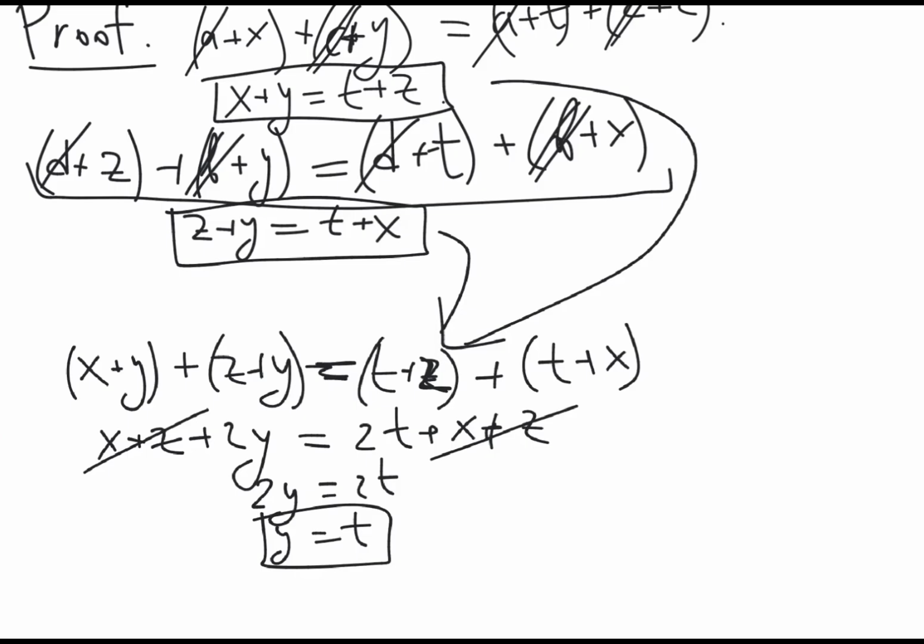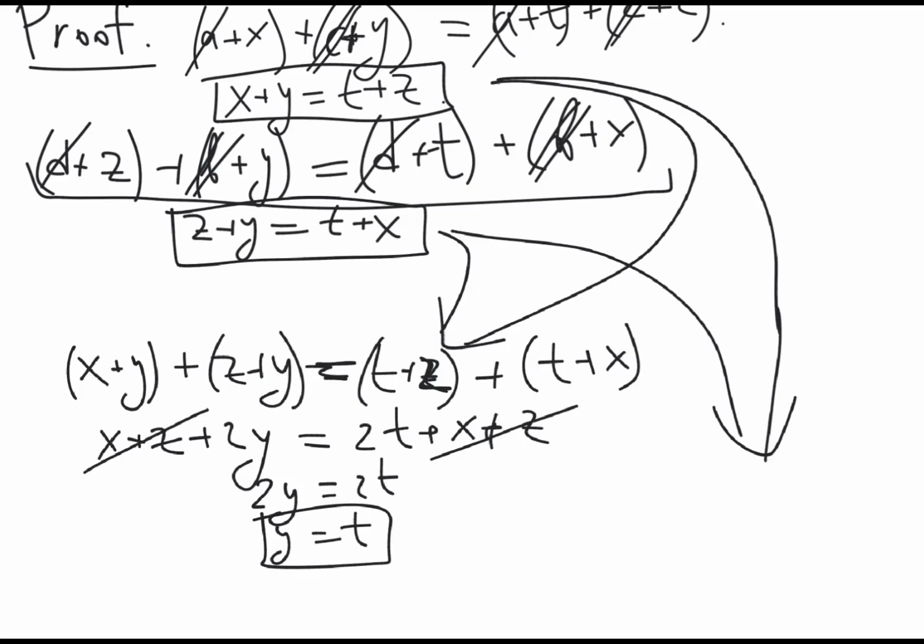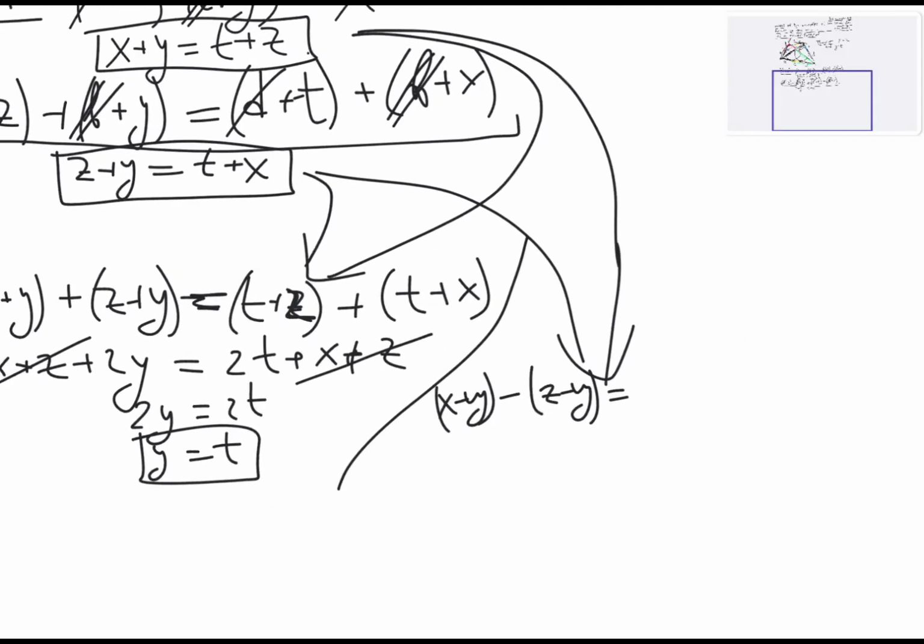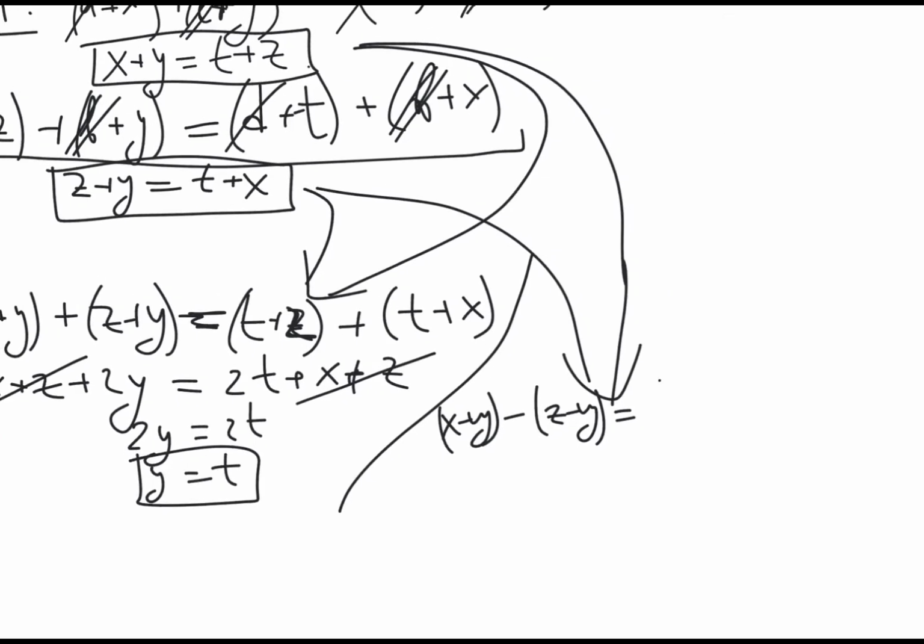So that's one equality. And now when we subtract one of these equalities from the other, what we get is x plus y minus z plus y is equal to t plus z minus t plus x. We see that y and y cancel each other, and here t and t cancel each other.